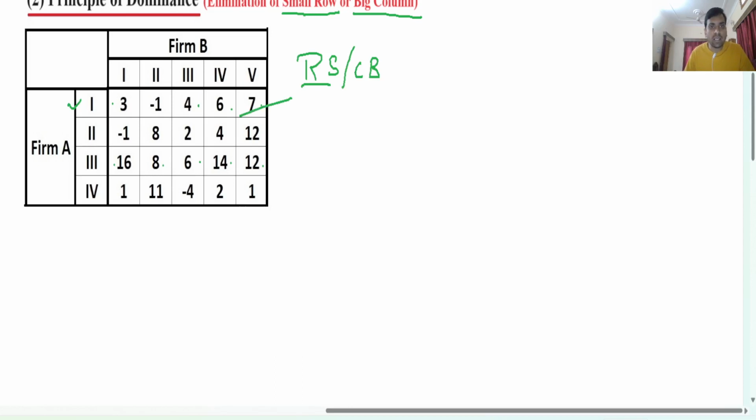So we can say row third eliminates or dominates row first. Row third dominates row first.